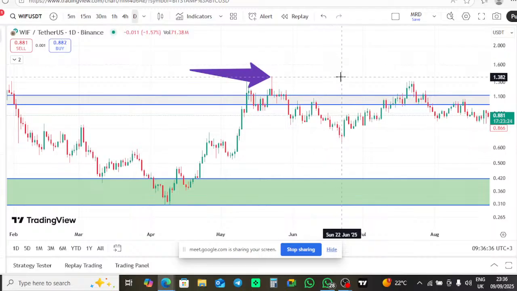As long as we are in the resistance area where your line is, before you jump into the market, we must identify the rejection candle around that area. If you find it there, even though you are on the 1 day time frame, even though you are on the 1 week time frame, it matters a lot. That rejection candle matters a lot.